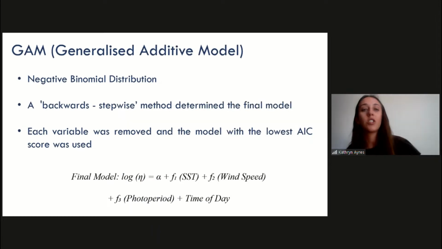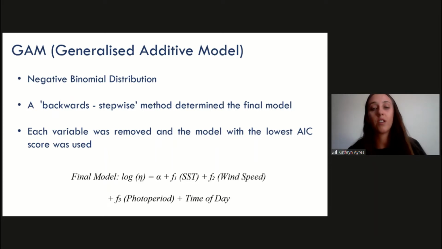So we used a generalized additive model to basically model the environmental factors with the abundance. So we used a negative binomial distribution with a backwards stepwise method to determine the final model. So each variable was removed and the model with the lowest AIC score was used. So my final model included the factors sea surface temperature, wind speed, photoperiod, and time of day.